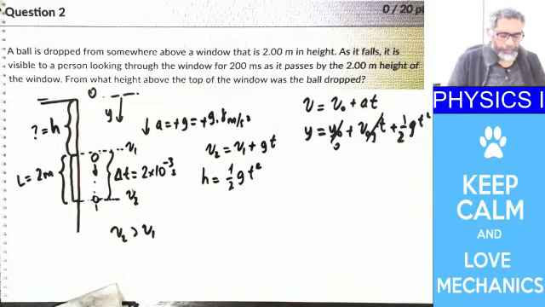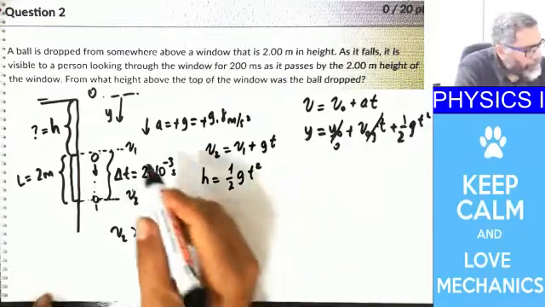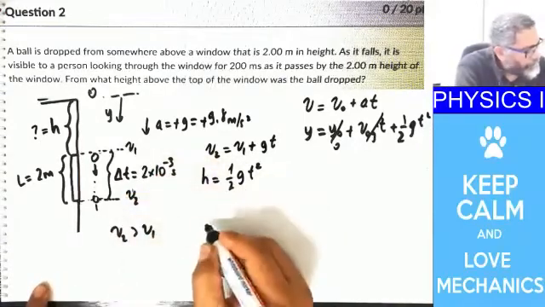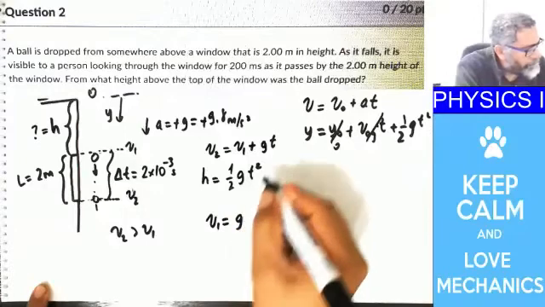First of all we should find v1. If you find v1, it is going to be expressed by g times this time.